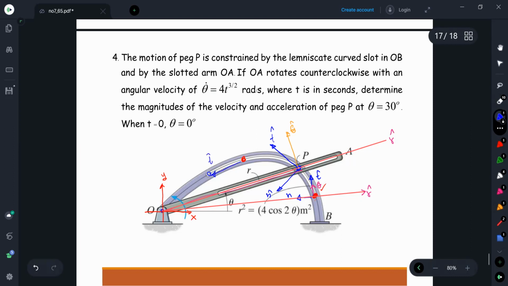Tangent should be here. Normal should be here. Okay, how about r? r becomes like this. This is r. Okay, and theta should be here.